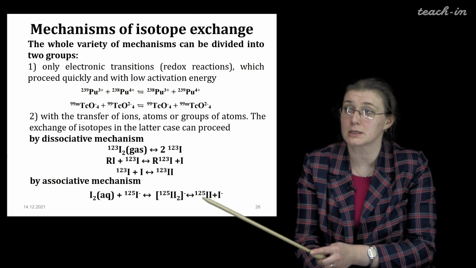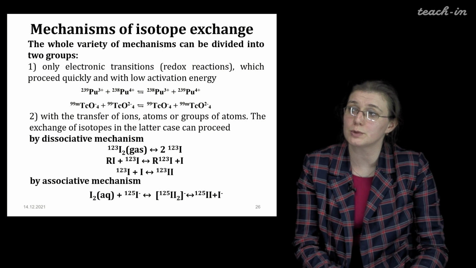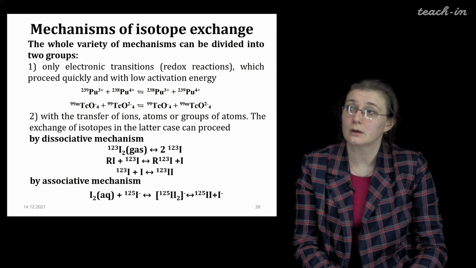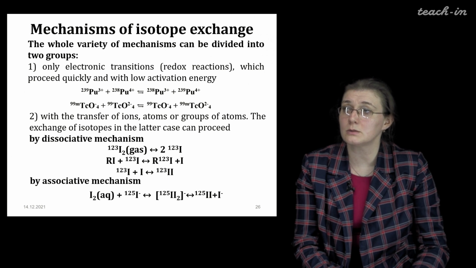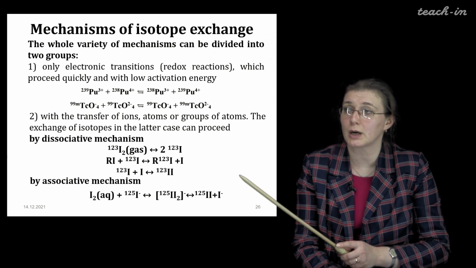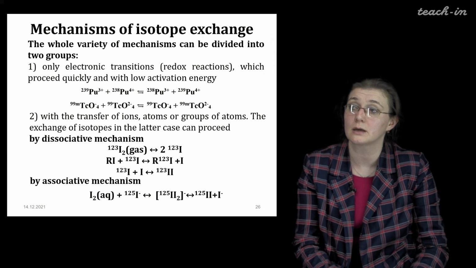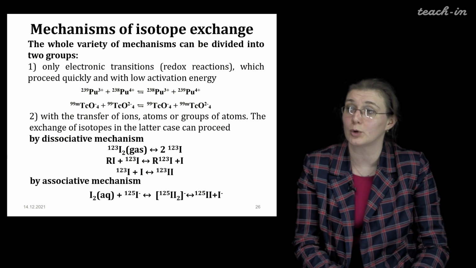Let's say it's a stable isotope, and if we want to introduce a radioactive label, let's say we have iodine-123 in gas form. First we should obtain iodine in the form of atoms, and then it will substitute iodine in the initial iodine-containing organic molecule.